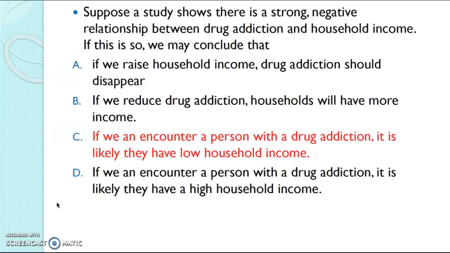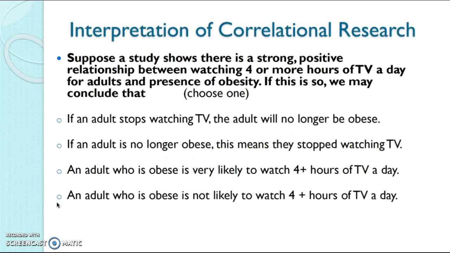A and B are incorrect because even though they don't use the word causation, they're getting at that. It's saying if we do this, then this will disappear, right? This causes this, which is not what we can get at. We can only get that there's a correlation. We can just get at prediction. And here's one last example for you.